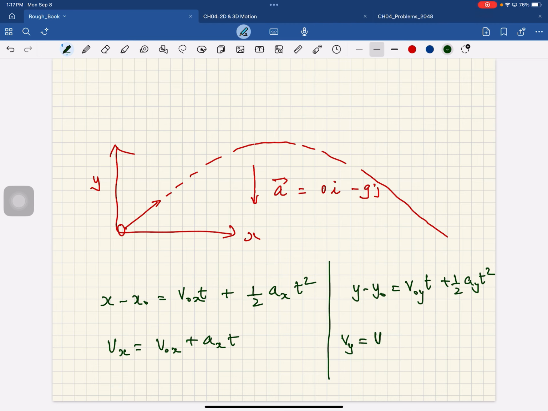Vy equal to v naught y plus ay t. The y component of the velocity will change with time. The x component of the velocity will not change with time. So that's what I want you to notice.